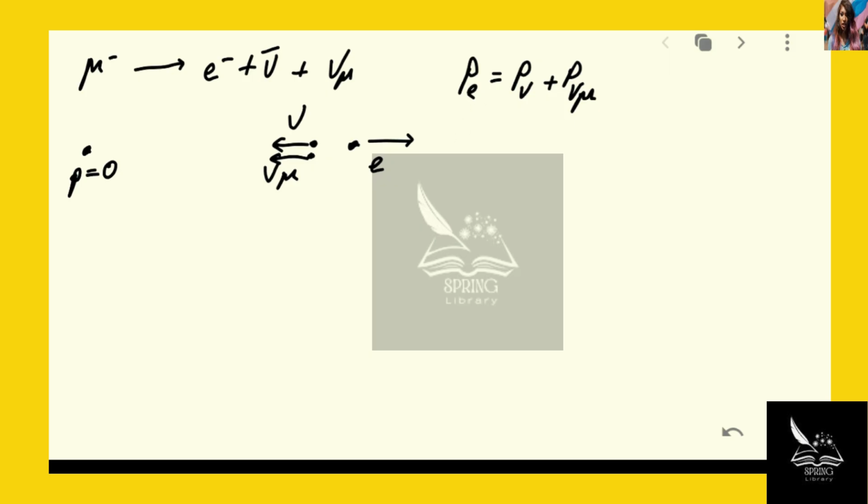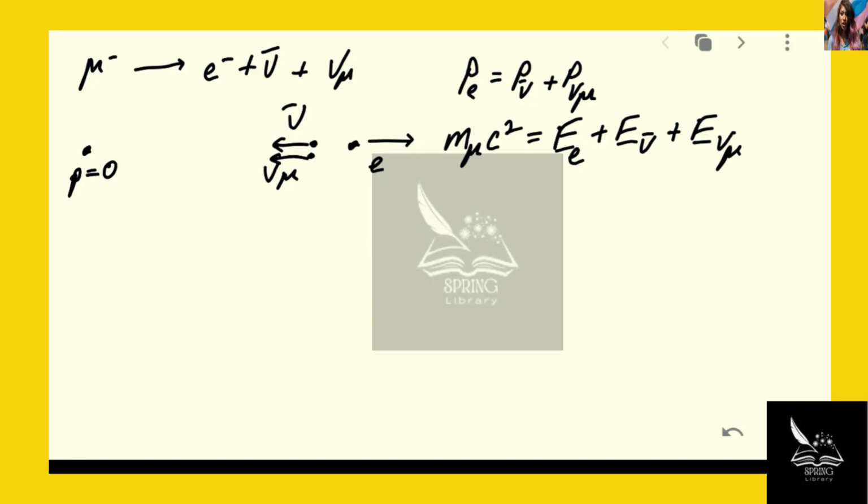The initial energy is just the rest energy of our muon. The final energy is the total energy of our electron plus the total energy of the anti-neutrino, plus the total energy of our muon neutrino.